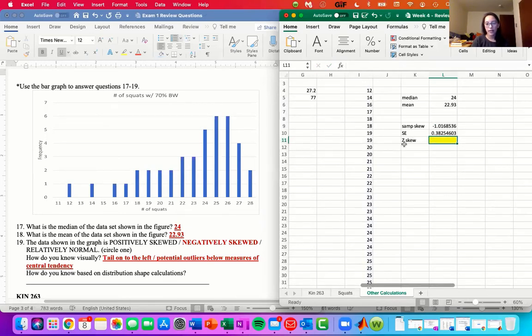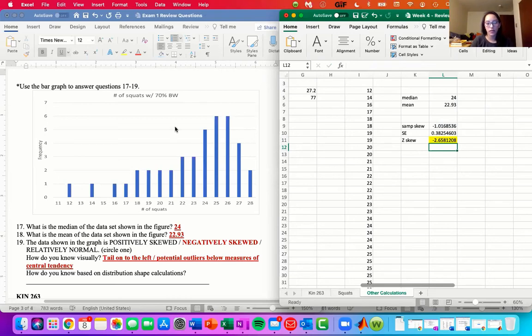And then to get our z-skew, what do we do? Isn't it just sample over the standard error? Yep, sample skewness over the standard error. So just divide those two, and we get a value of negative 2.65.